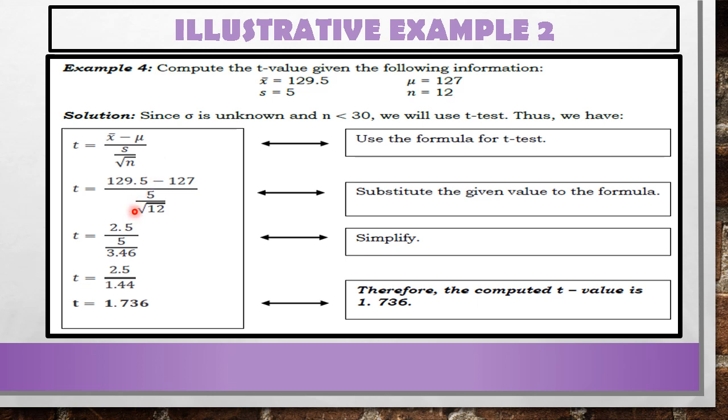So 129.5 minus 127 divided by 5 over square root of 12. So ang value nyo po is 2.5 divided by 5 over 3.46. Then 2.5 divided by 1.44 is equal to 1.736. 1.736 is the test statistic po.